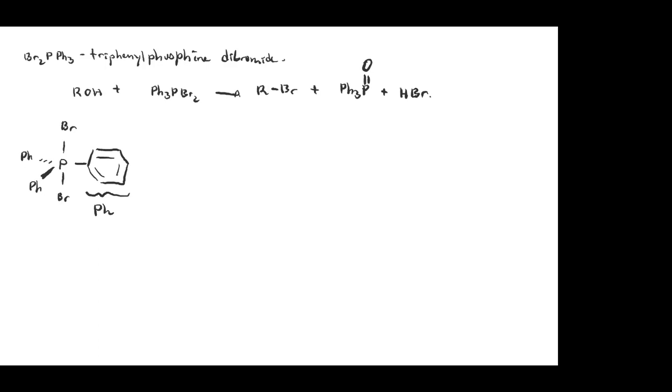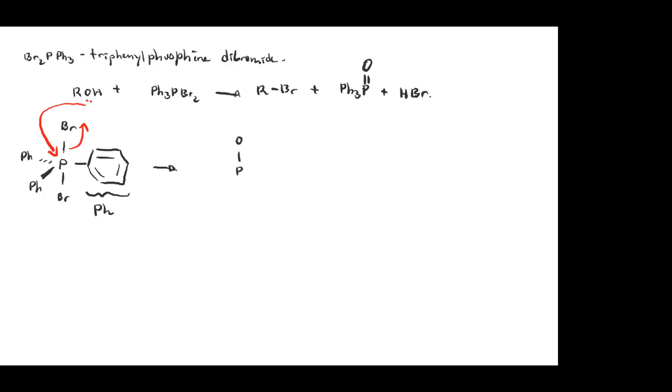And so what's the mechanism? It's going to be very similar. Going to activate, going to displace. Okay, and so the first step is going to be attack of the alcohol at the phosphorus center. And I'm going to displace bromide. Okay, and so what I generate is this type of intermediate.